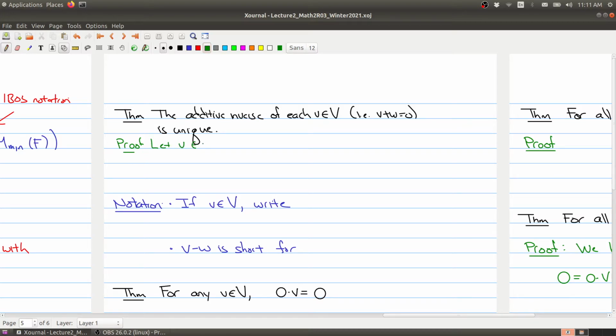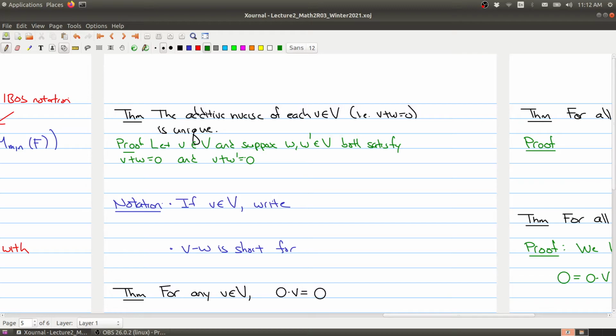So let's say we take some vector v in my vector space, and suppose w and w prime in V both satisfy v plus w equals 0, and v plus w prime is equal to 0.